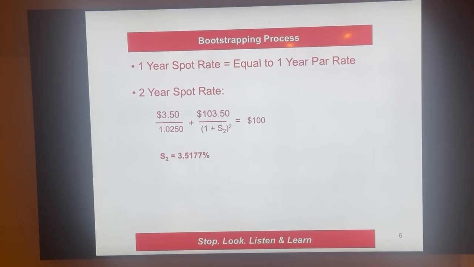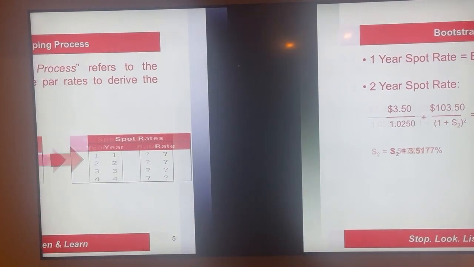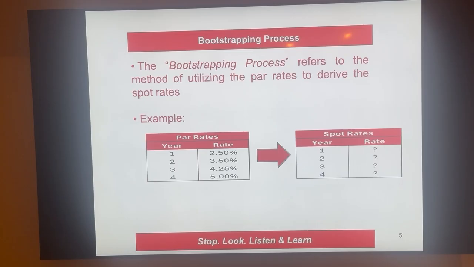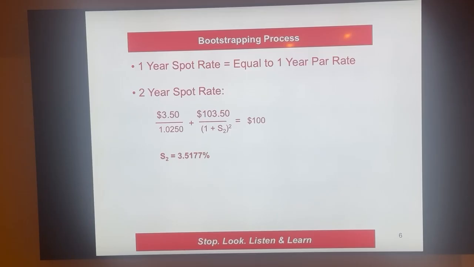And once we have that, we compute the 2 year spot rate. So if we go back to the slide here, we see that the par rate for the 2 year bond is 3.5%. So that means that this particular bond, let's assume $100 of face value, then this particular bond would pay an annual coupon of $3.50.